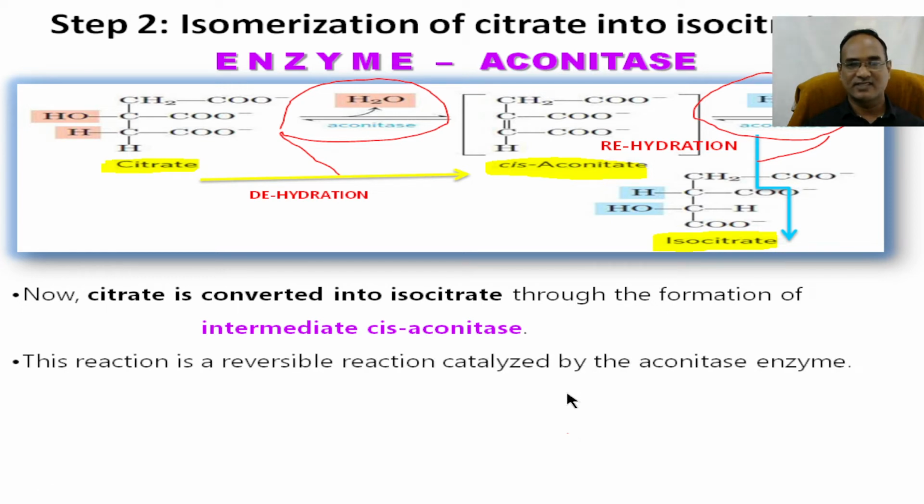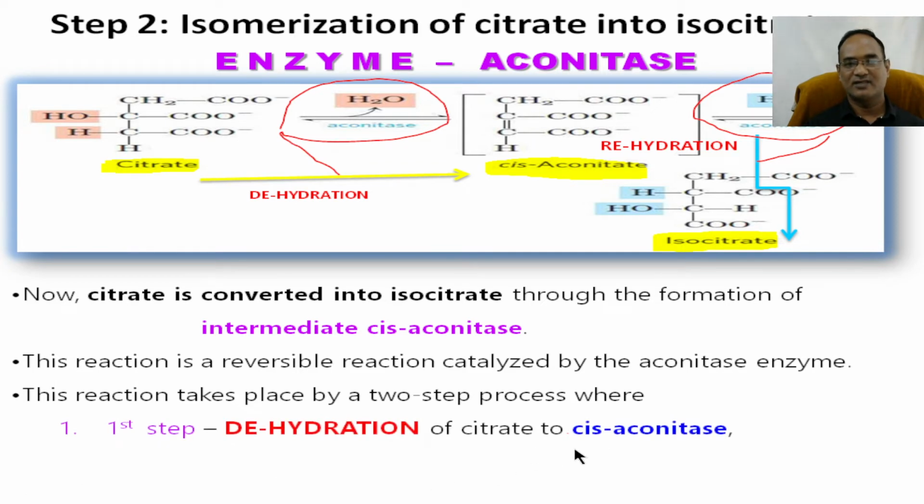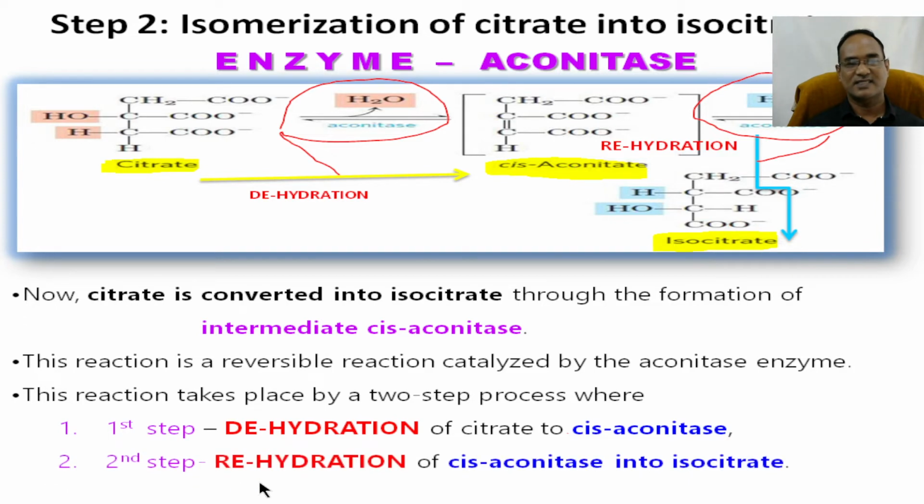The reaction is reversible, catalyzed by the aconitase enzyme. The first step is dehydration, forming cis-aconitate. The second step is rehydration of cis-aconitate into isocitrate. The exclusion of one water molecule and inclusion of one water molecule in this process is called isomerization of citrate into isocitrate.